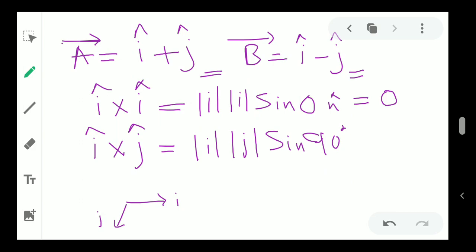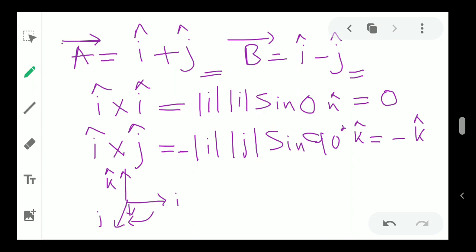Basically i, j, k we write like this, right? My k is horrible, so I will write again. Okay, so if I go from i to j, my thumb will point downward, that is minus k, right? So this one will be minus and a k cap. So the result will be minus k cap.